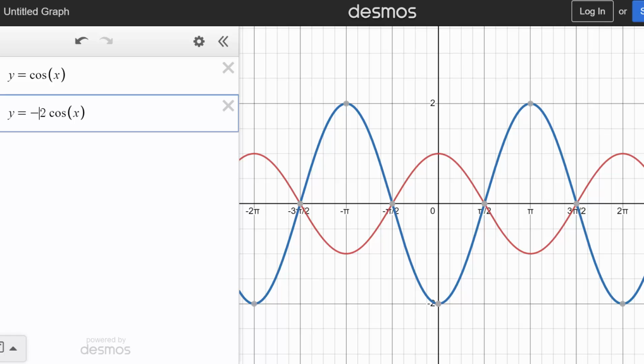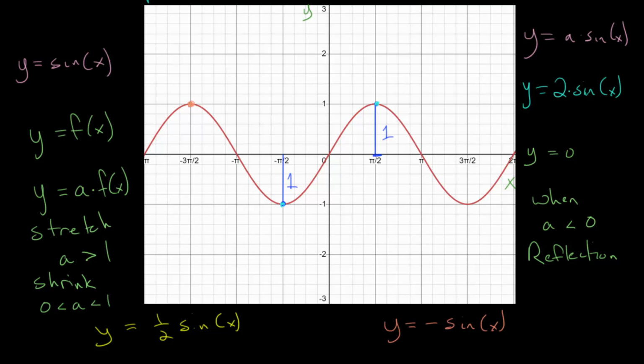So let's go back to our blackboard and we can generalize this. We can write more generally that y is equal to a multiplied by the sine of x, where this constant a is the amplitude of the sinusoidal function. It could be cosine as well.